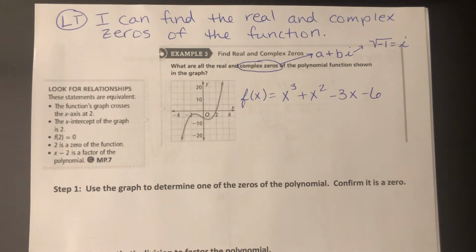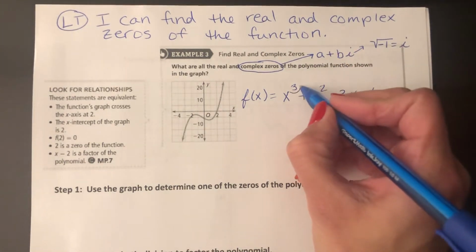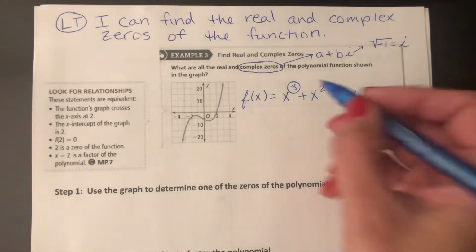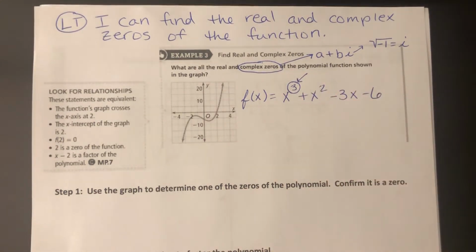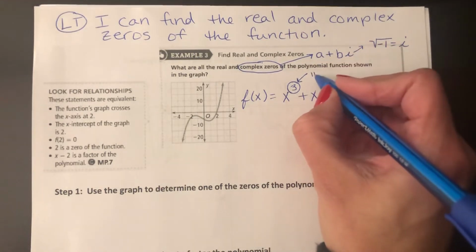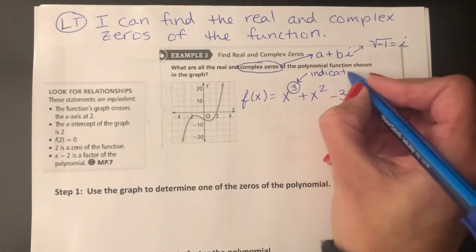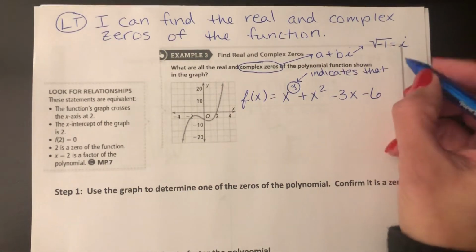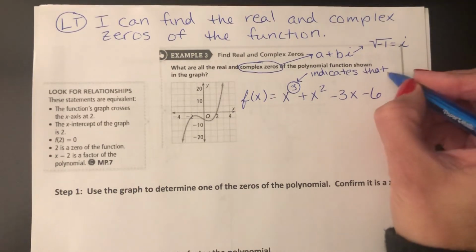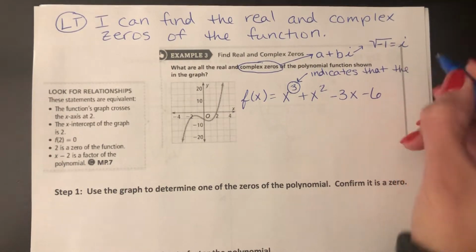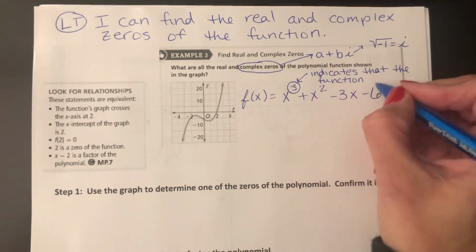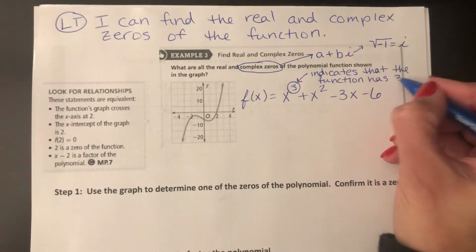In last lesson, we talked about the highest exponent, or the degree of the polynomial, being the number of zeros this could have. So this indicates that this has at most three zeros. So no more than 3.